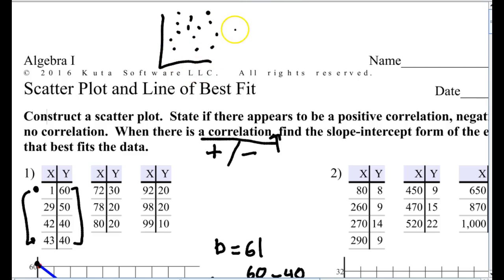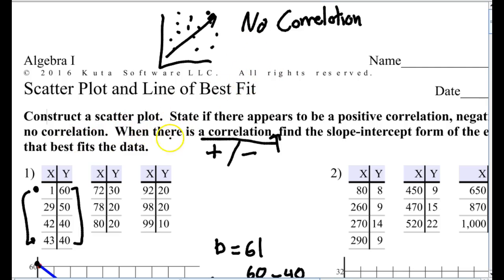Well, there's no point to trying to find the line of best fit and the slope and y-intercept, because there's no line you can draw that will come anywhere close to predicting any of these points. So for no correlation, whenever that happens, you don't bother actually finding the line of best fit or the slope and the y-intercept, because it doesn't matter. It's not going to work. Okay? So you can skip on the line of best fit.